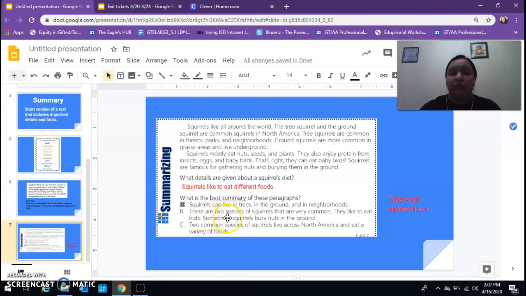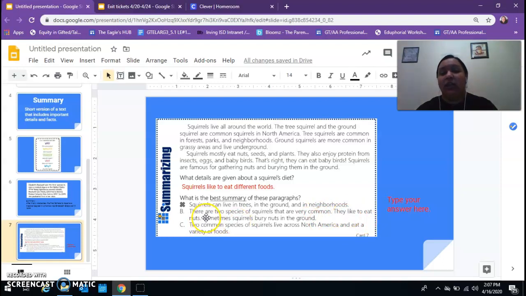Okay, B. There are 2 species of squirrels that are very common. They like to eat nuts. Sometimes squirrels bury nuts in the ground. It is talking about the 2 species. They do like to eat nuts. Sometimes they bury nuts in the ground. It did talk about the 2 species, but this is too focused on what they eat.